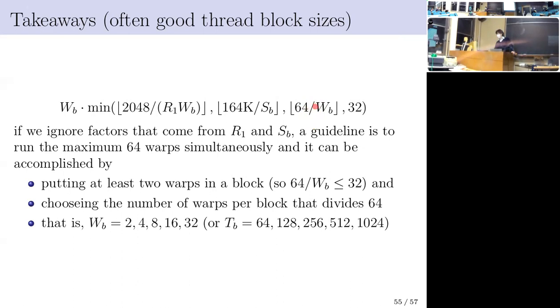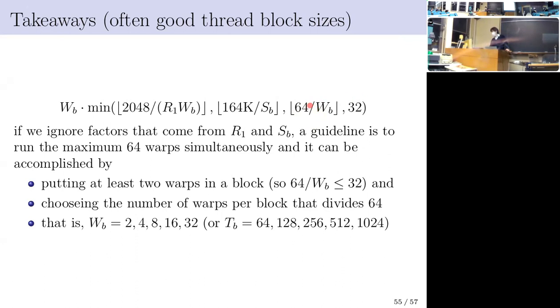Then this becomes 1, right? 64 divided by 33 is 1 point something. And you cannot have 2 such blocks at the same time, because this ends up with 66 warps, so this cannot happen.